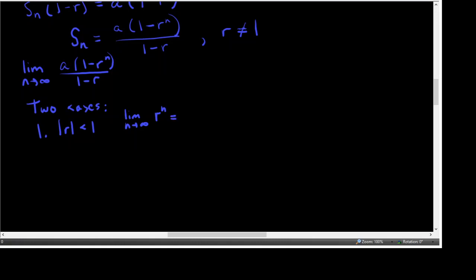If you have, say, 2/3, and you're multiplying it over and over and over, 2/3 to the huge number. If you do that on your calculator, like 2/3 to the 20th, and then 2/3 to the 100th, and then 2/3 to the 1000th, you'll probably notice that when you multiply that kind of number by itself over and over again, it's headed towards 0.